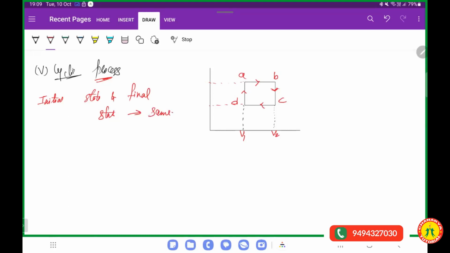Initial and final state are same. So dU equals 0, so Uf minus Ui, and dW equals area of cycle, which is here A, B, C, D.